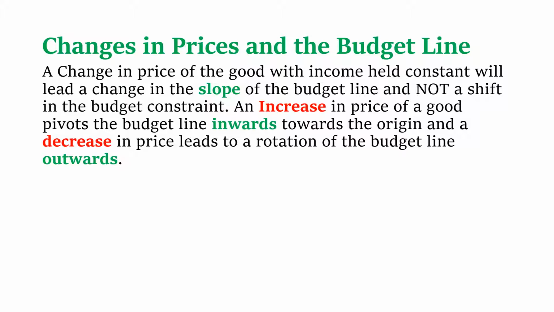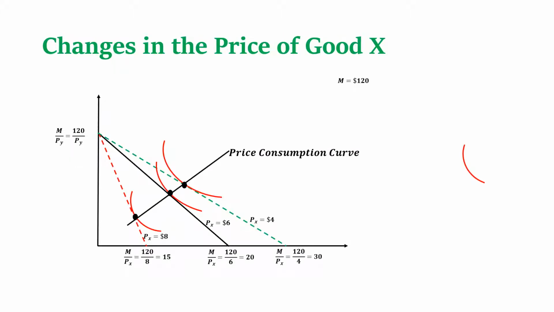Previously, we said when the income of the consumer increases, the budget line is going to shift outwards, to the right, right? But here, when the price of the good falls, the budget line is going to rotate outwards. It's going to pivot outwards, right?